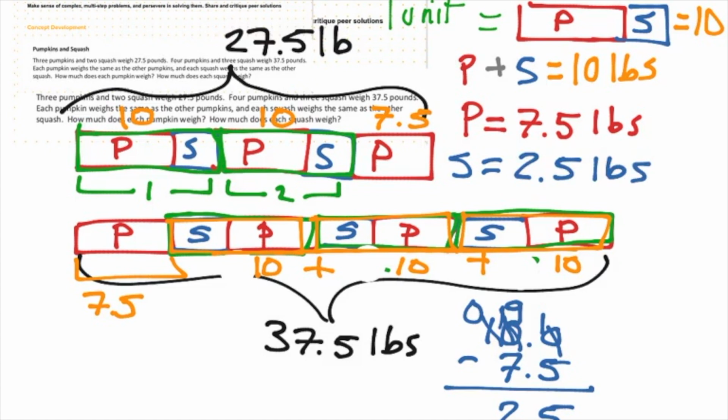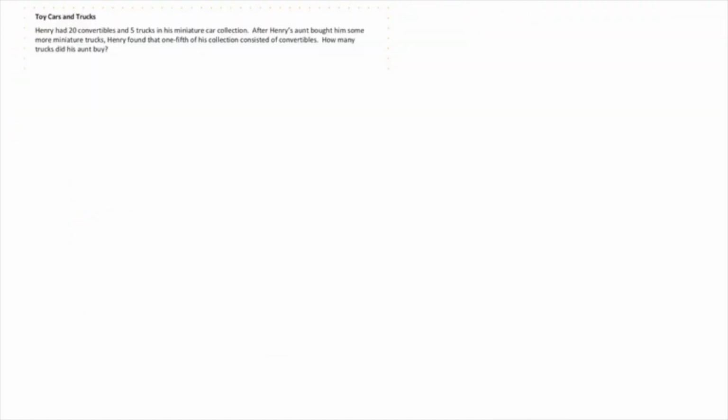So I was able to figure out my answer just by doing that diagram at the beginning. So writing out a sentence, all of the pumpkins weigh 7.5 pounds each, and the squash each weigh 2.5 pounds. Pause the screen if you need to get that information. Then you're moving into the next problem.